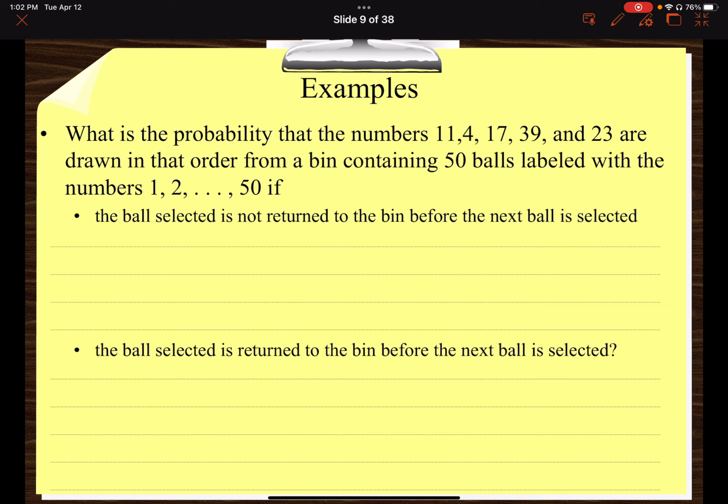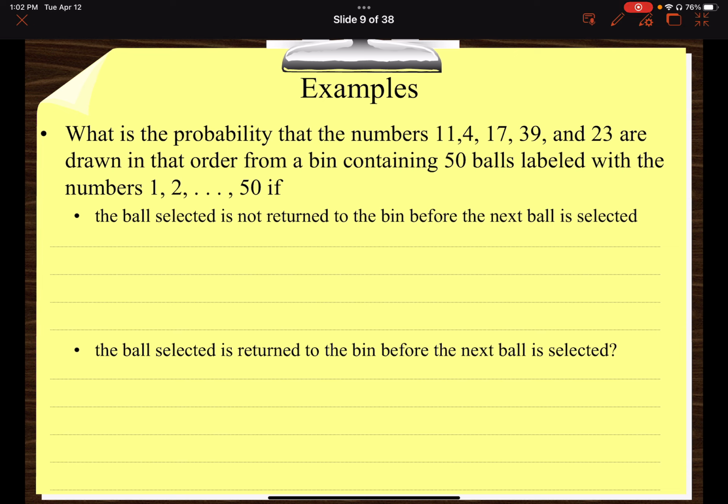Okay? So let's take this example. What is the probability that the numbers 11, 4, 17, 39, and 23 are drawn in that order from a bin containing 50 balls labeled with the numbers 1, 2 through 50. Now, we are going to draw the balls in two different ways. In the first way, we will draw the ball, get the number, and remove the ball.